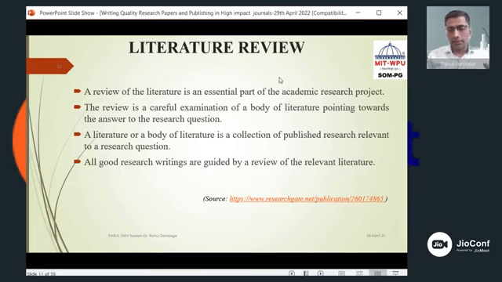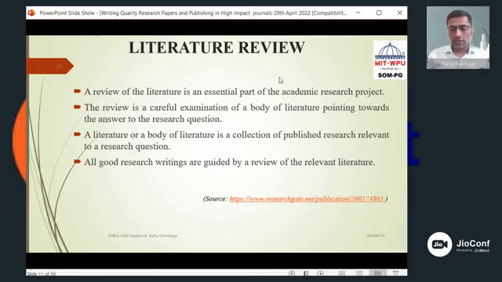This is one of the sections which will be reviewed by the editorial board before sending the paper to the reviewers. If the editorial board's observation is that the literature review was not carried out sufficiently, they can suggest to the author right there that you carry out an extensive literature review and then resubmit your paper.